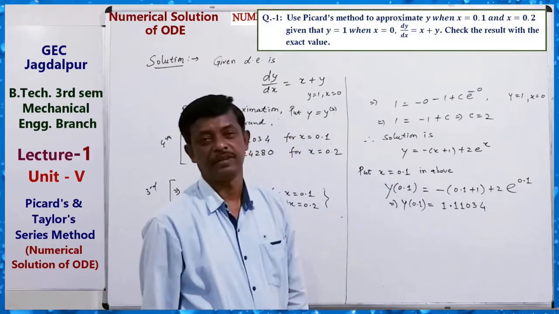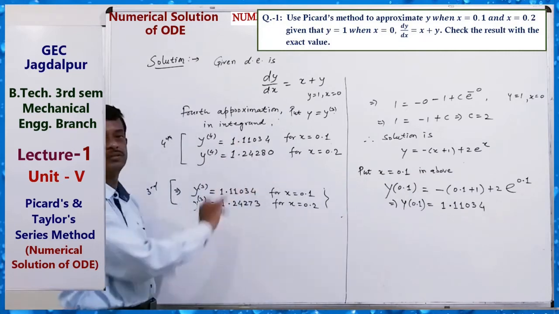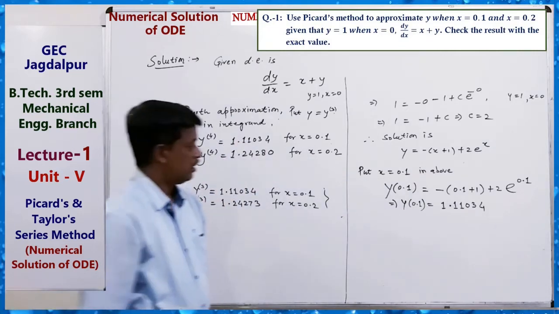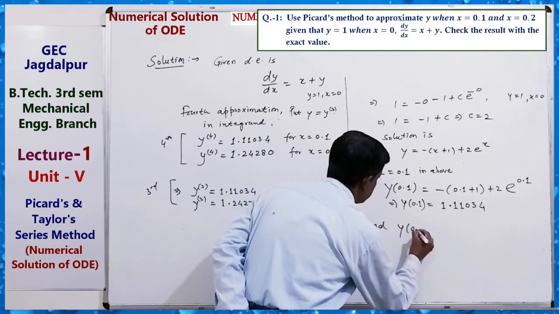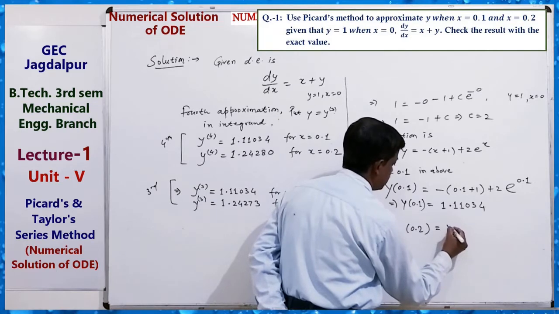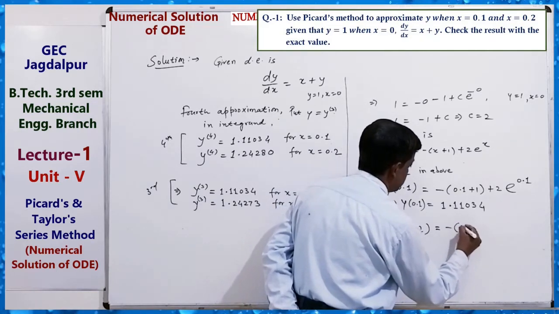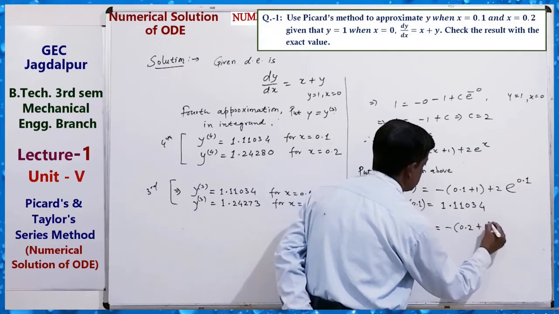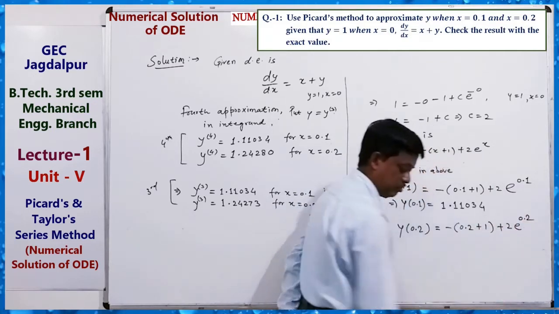Clear? So the analytical method also gives the same value. Also y(0.2) is -0.2 + 1 + 2e^(-0.2).